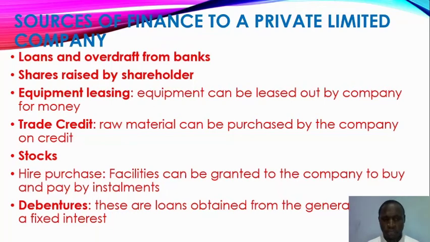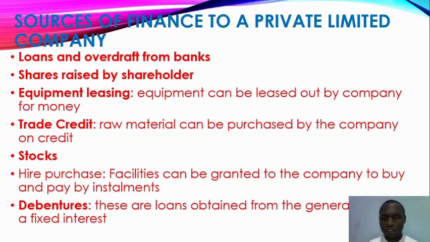Hire purchase. Now, facilities can be granted to the company to buy and pay by installments. Let's say some of the equipment that they might need to run the business is not readily available, they can approach these companies to buy them and then pay bit by bit until they complete the payments. And then we have debentures.